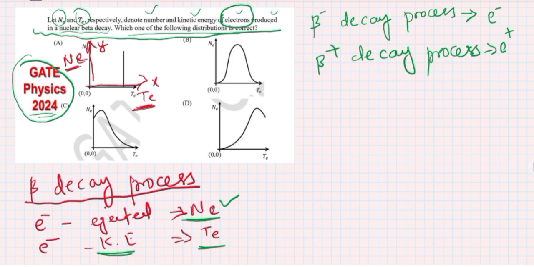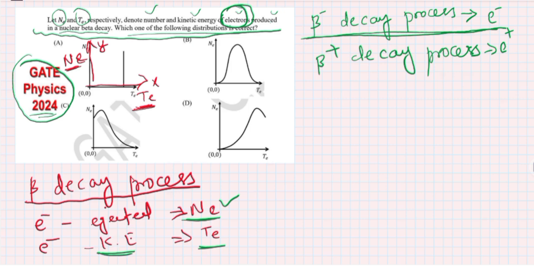Since in our case electrons are ejected, we will look at the beta minus decay process mechanism, and from that identify the right distribution.